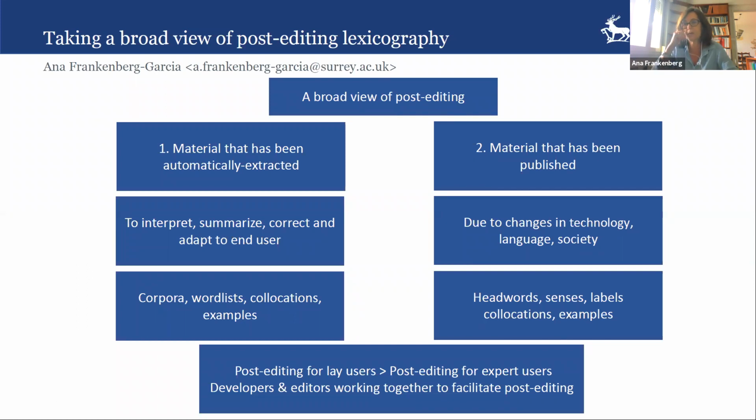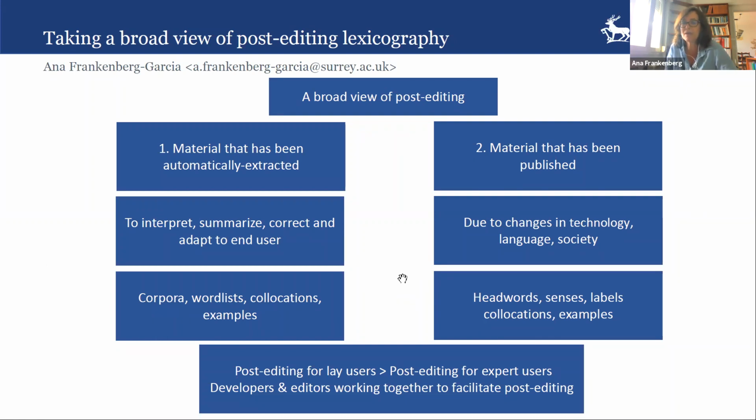So I give examples of new headwords. For example, there are many in the new edition of the Oxford English Dictionary, such as COVID. There are new senses, like elbow bump, which now has a completely new sense of greeting. I give examples also from the Oxford Monolingual Portuguese Dictionary, which is the one used behind Google One Box.